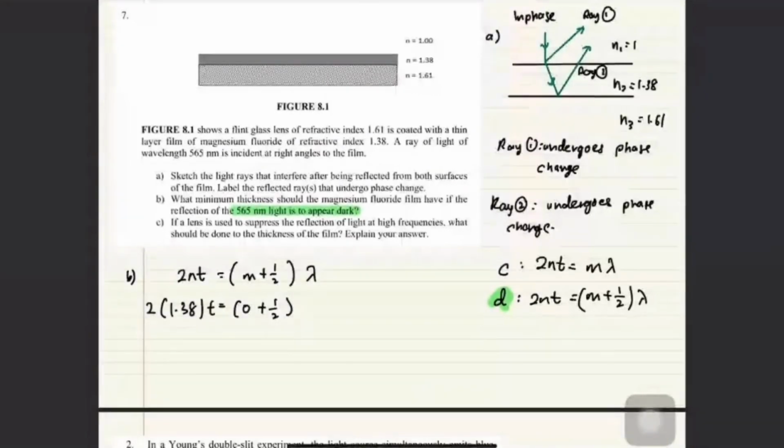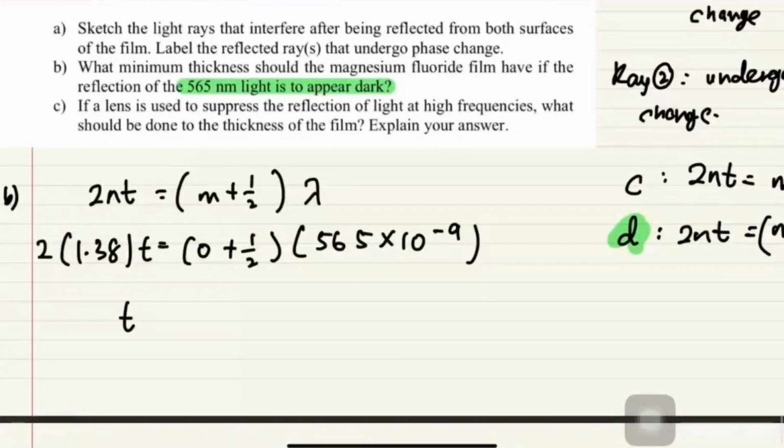T kita nak cari, lambda is 565. Okay, so 565. So this one is 1.02 times 10 to the negative 7 meter.